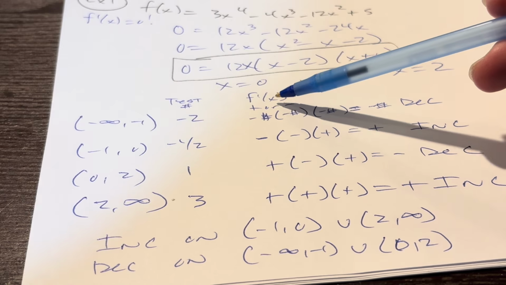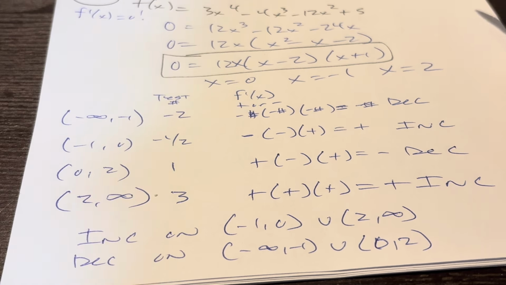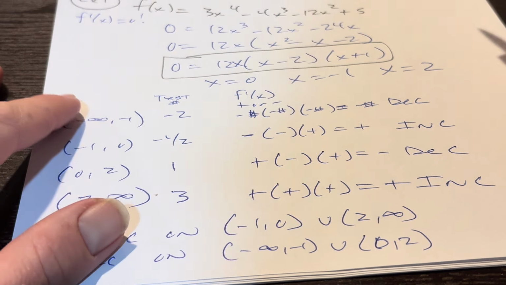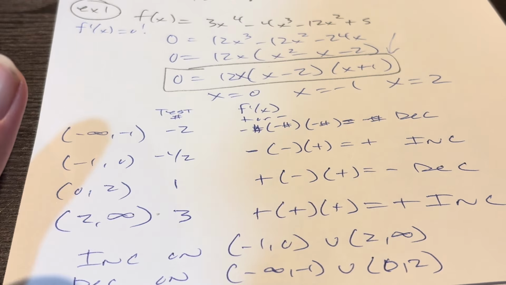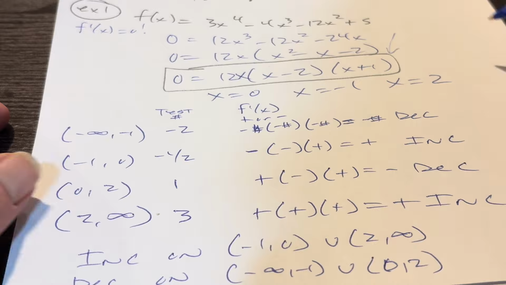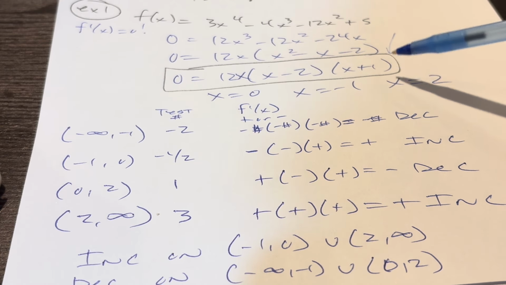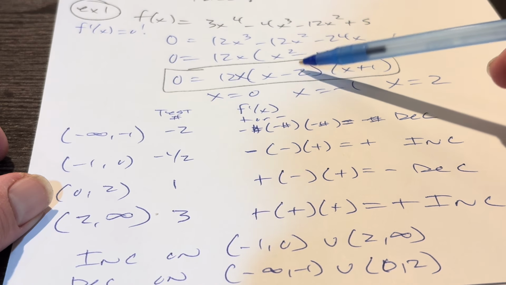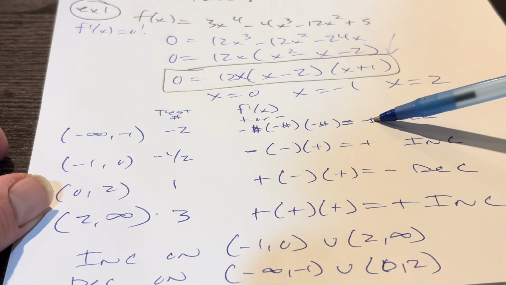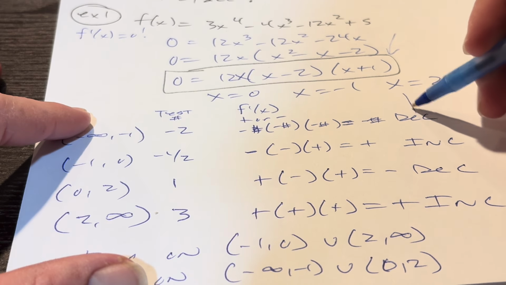It's all about whether the derivative is positive or negative. Is the derivative greater than 0 or less than 0? I have highlighted here that you want to go to your most factored form. I'm going to take negative 2. I don't care about the actual number, I just want to know, is it negative or positive? If I plug in negative 2, I have a negative times a negative times a negative, which is a negative number. If the derivative is negative, the interval is decreasing.